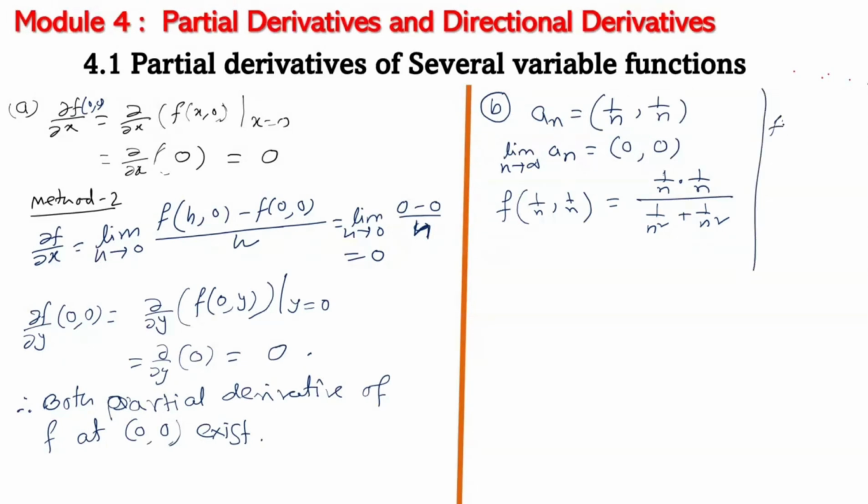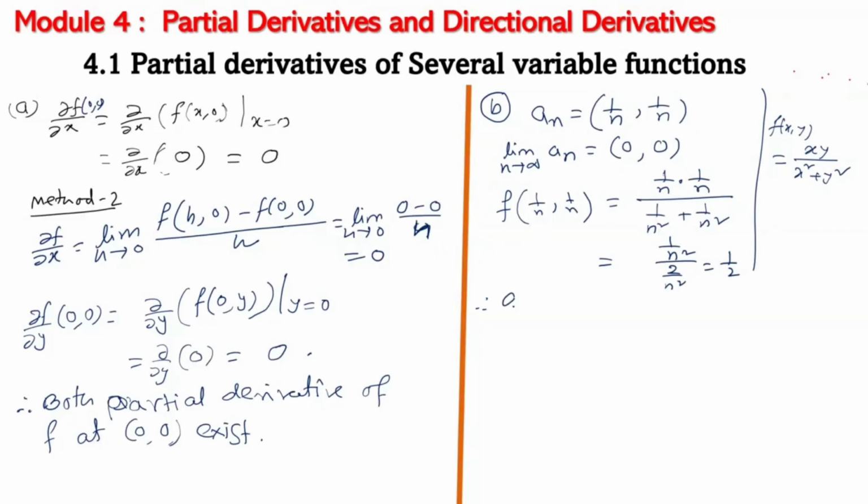So this is equal to 1 over n square over 2 over n square, which is equal to half.